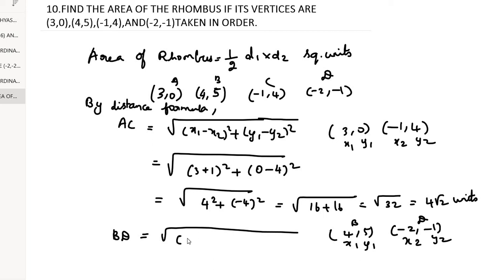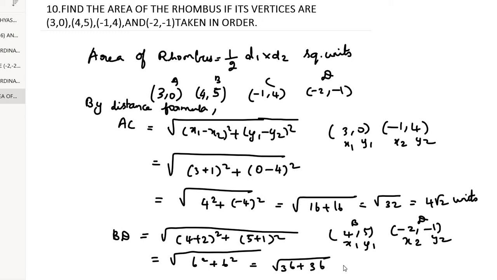So x1 minus x2 the whole square, that is 4 plus 2 the whole square, plus 5 plus 1 the whole square. I'll be getting 6 square plus 6 square, that is 36 plus 36, square root of 72. I can write this as 36 into 2, that is 6 root 2 units. So we have found two diagonals.